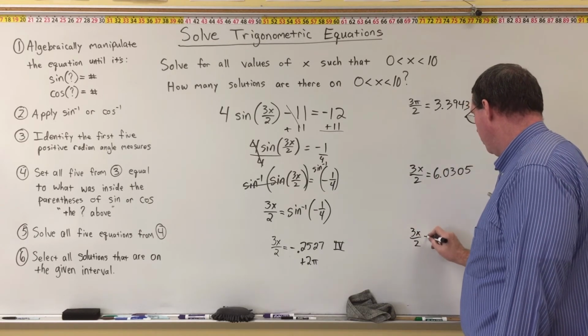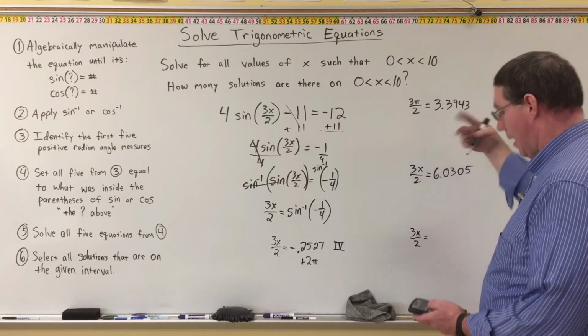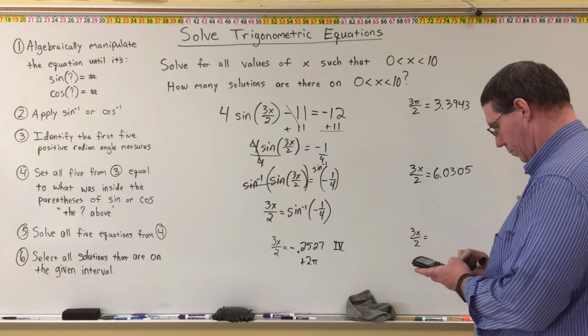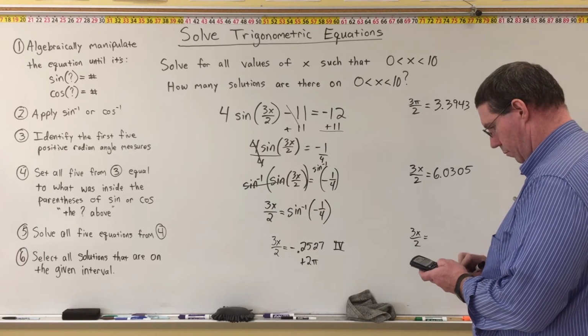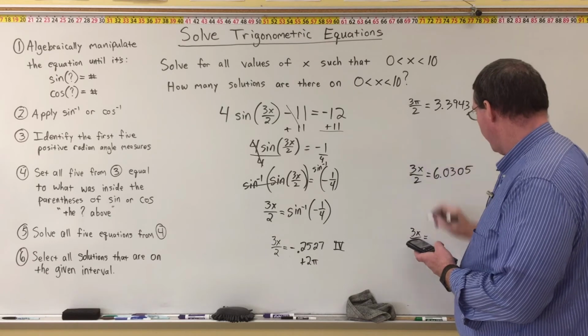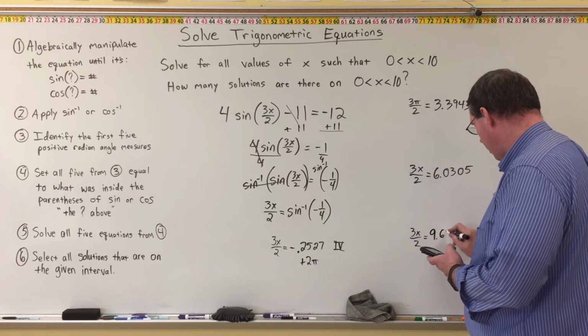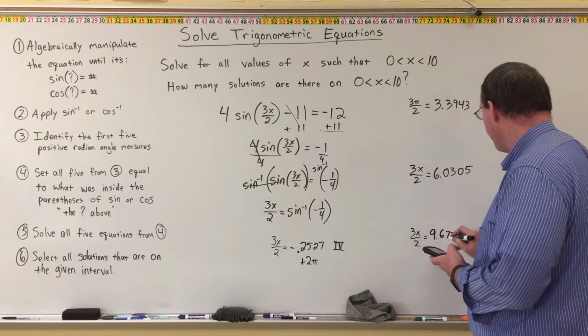So 3x over 2. I'm going to take this one and add 2 pi. And I get 9.6775. Okay?